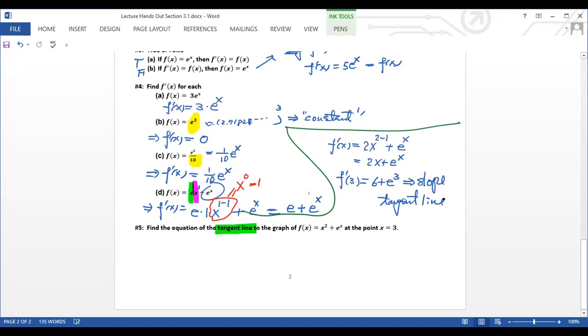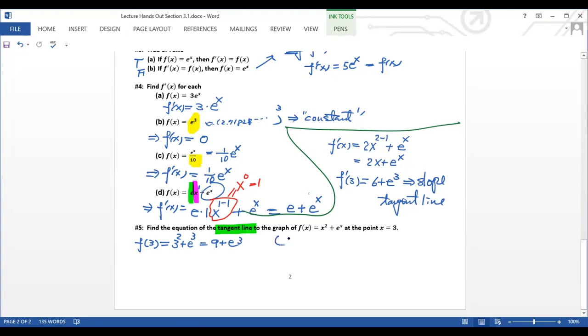In order to get a line, I have a slope, and I also need a point. For x equal to 3, I need to plug x equals 3 into f of x to get my point. So this is 3 squared plus e^3, which is 9 plus e^3.